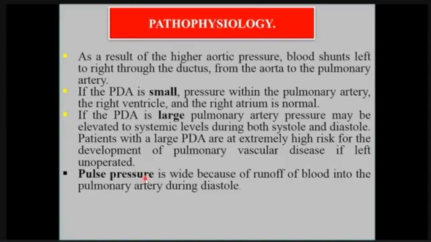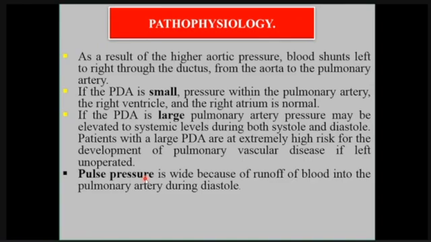If there is a ductus arteriosus and it is patent, during systole the blood pressure also will be 120 if you are speaking about the adult. During diastole, the blood will also flow from the aorta to the pulmonary artery.